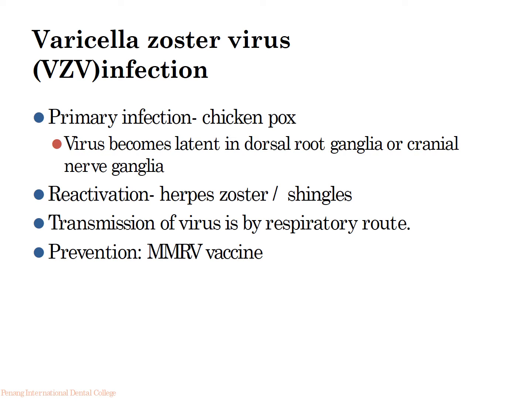The transmission of the virus happens through the respiratory route, and varicella zoster infection can be prevented with the MMRV vaccine. Hence, you would notice that chickenpox occurrence is relatively low in the past 10-15 years because of the high vaccination rate.